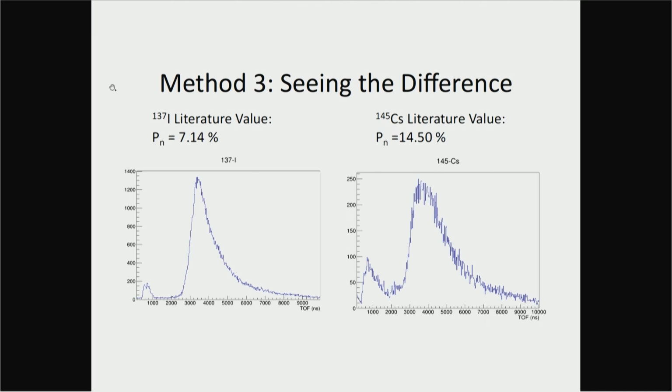You can really see the difference in the fast ions versus the slow ions in the two cases, to tell that they actually are different PN values. So that's a really nice quick check as well to make sure that our data is working. And you can also tell that these are different shapes, which is good because you should have different shapes for your neutron energy spectrum as well.